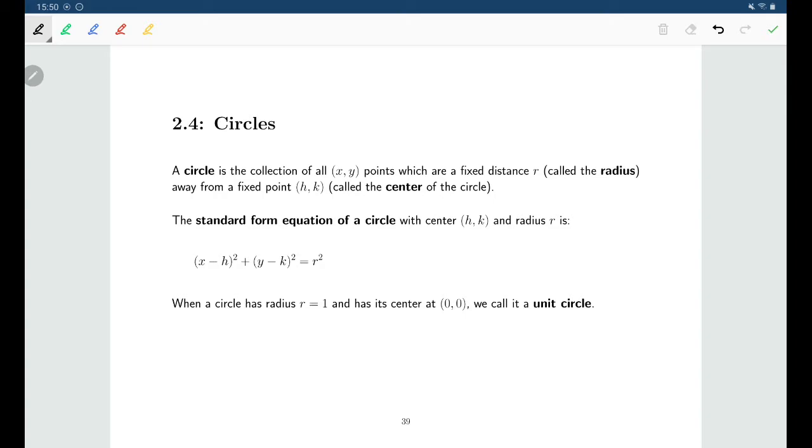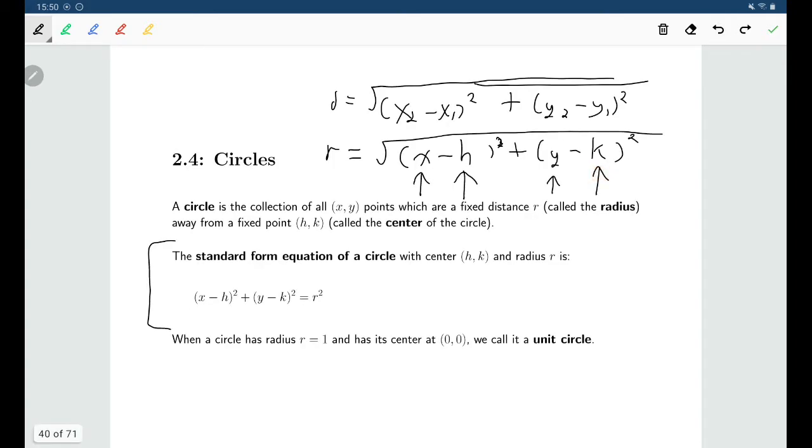And of course, if you square both sides of that equation, then you wind up with exactly what we have in our formula down here: (x minus h) squared plus (y minus k) squared equals r squared.